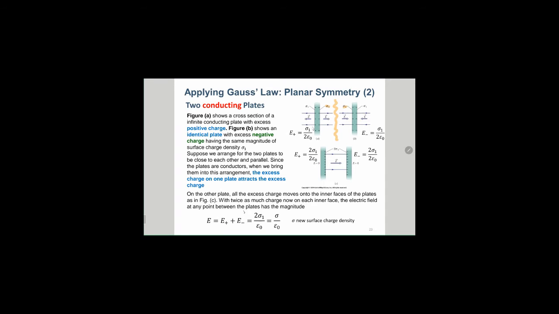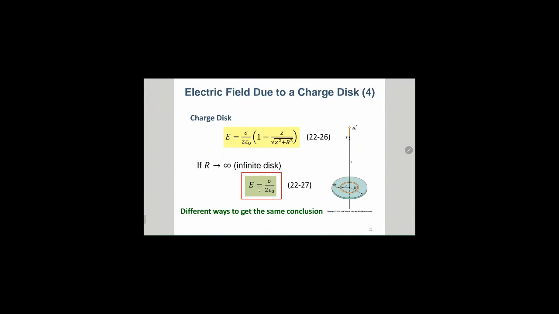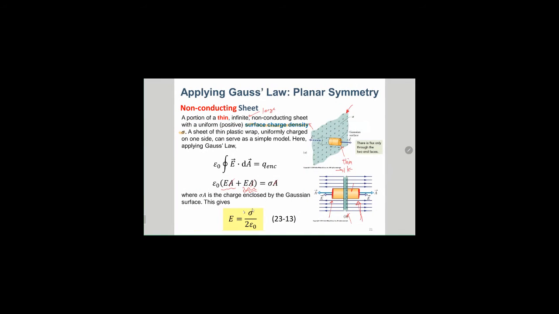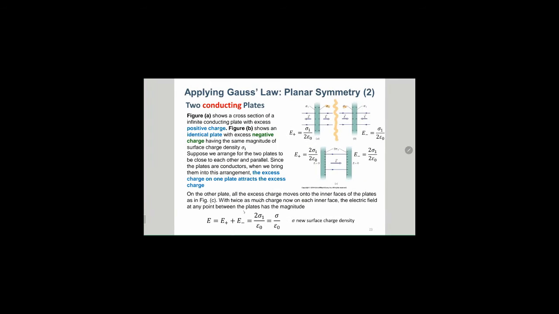From this calculation, we will say that the E field has a magnitude of sigma 1 over 2 epsilon naught. Although this is negative, here we only consider the magnitude.